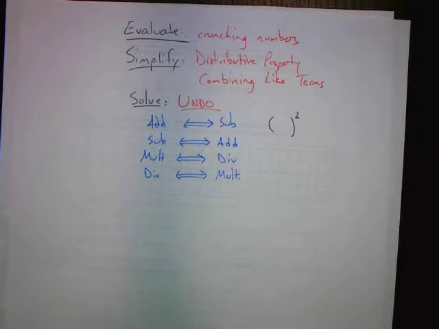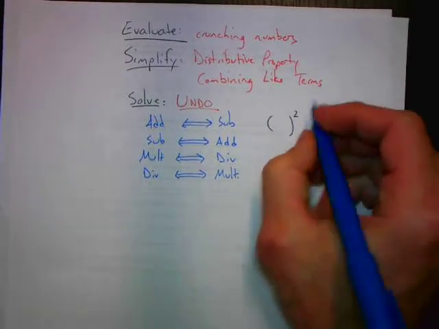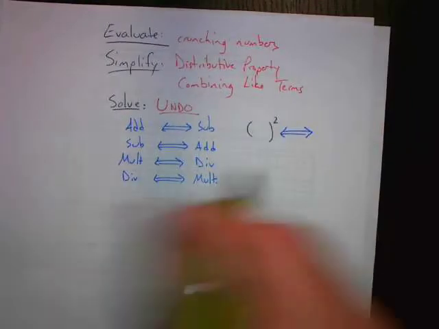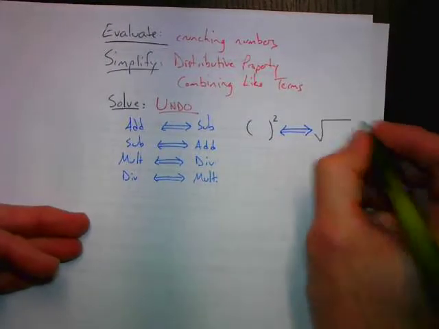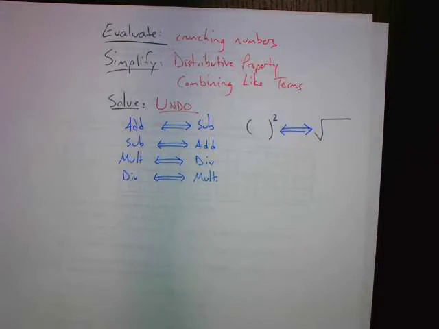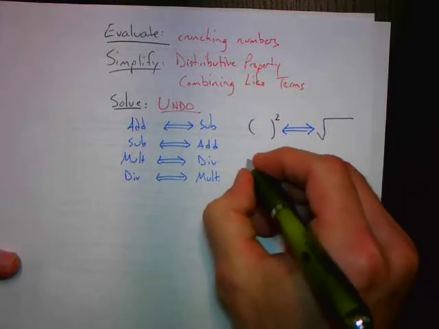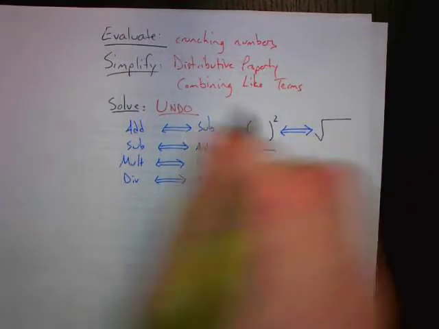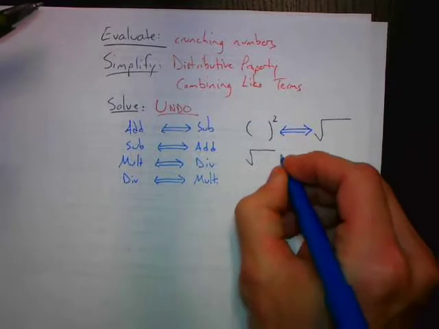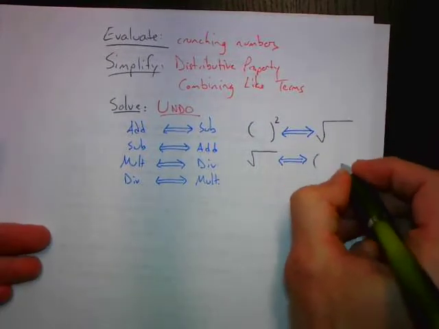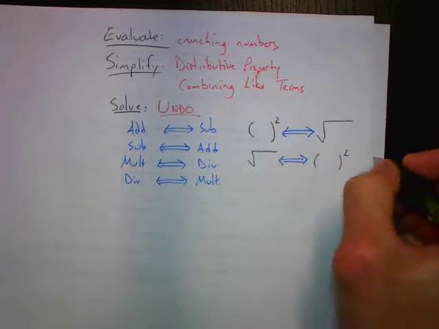That's an operation you can perform, and you can undo that operation by taking the square root. Taking the square root of something is also an operation you can perform, and in the same way, you can undo that operation by squaring something or raising it to the second power.